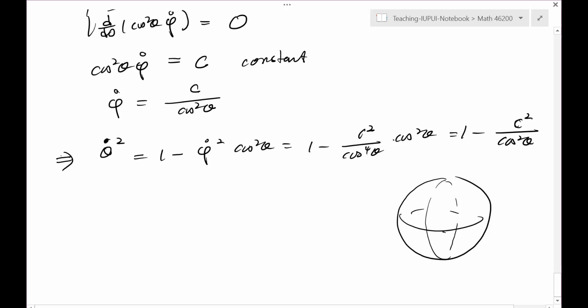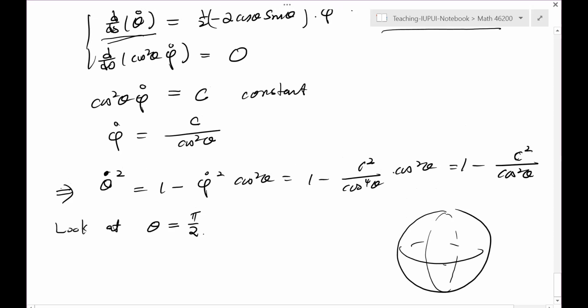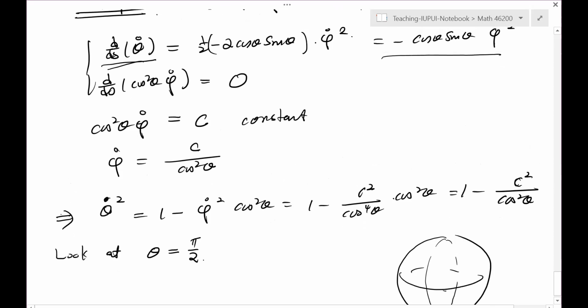We look at the case when theta is pi over 2. That's a special case. We assume that theta is constant, and then you will get a great circle. So if theta is just a function of s, it's constant, always pi over 2.